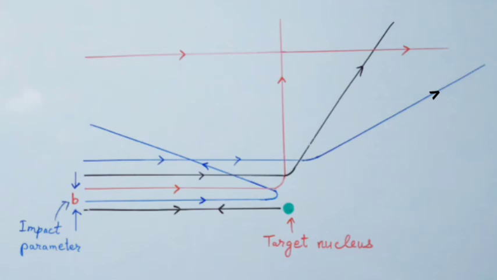In the diagram, you can see the alpha particles with different impact parameters being scattered in different directions. An alpha particle close to the nucleus, which has a small impact parameter, suffers large scattering, while one having a large impact parameter suffers small scattering.